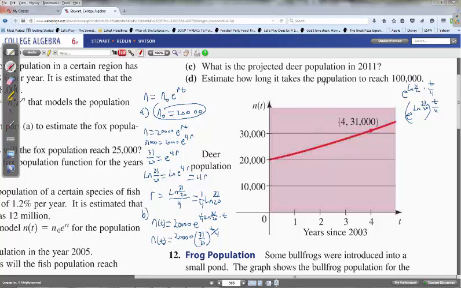Okay, what is the projected deer population in 2011? That's easy. It's years since 2003, so that would be 8 years. So you just calculate n of 8. So that would be 20,000 times either 31 over 20 to the 8 over 4, or this thing, e to the 1/4 ln of 31 over 20 times 4, times 20,000.